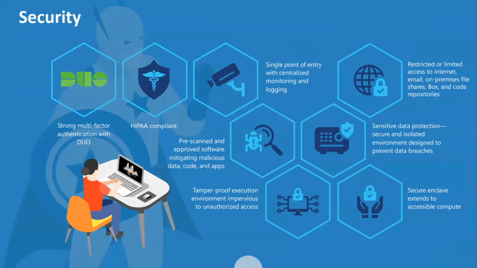This slide kind of highlights some of the security around ULEAD, and this is what makes us have the ability to kind of go through and have streamlined processes with compliance and risk. Because of the fact that we do have that dual authentication, it is HIPAA compliant, we have logging, it is pre-scanning approved software so that we can mitigate any malicious data, code, and applications.